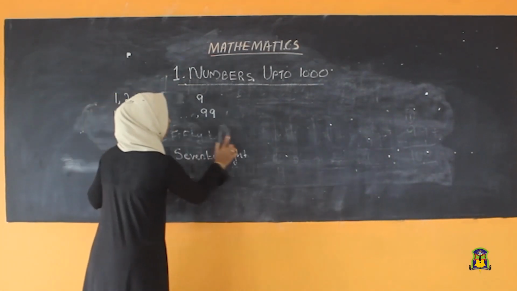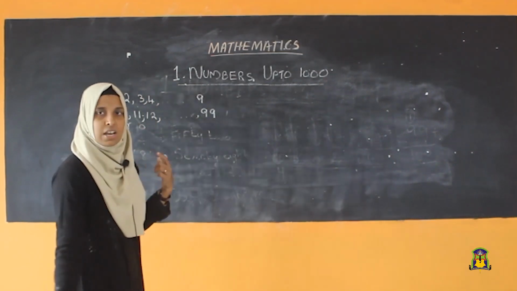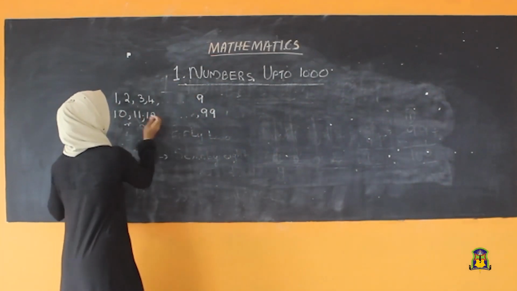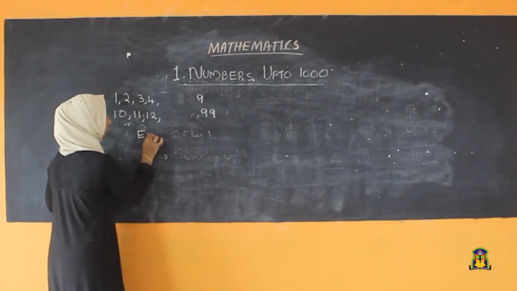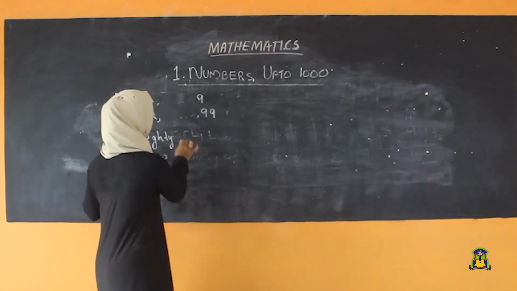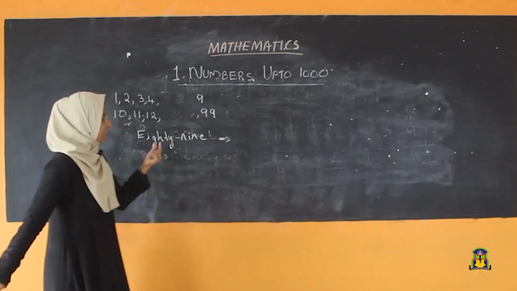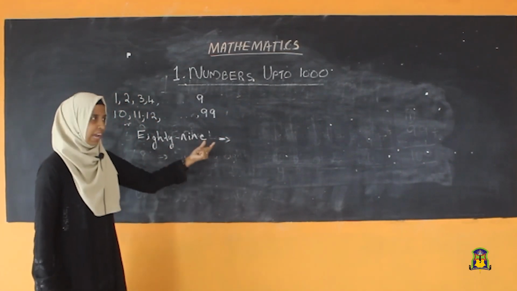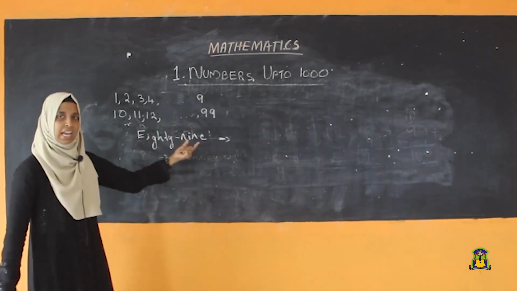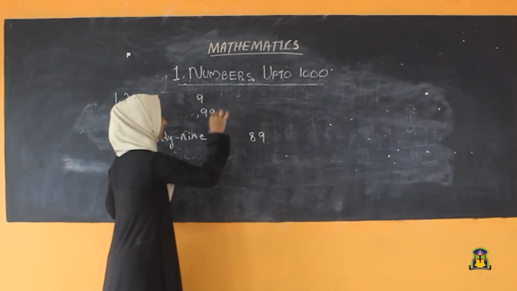Okay. Next, children, if number names are given, how to write the number? Let's do one. What is this? 89. That is 8 in the tens place and 9 in the ones place. 9 in the ones place and 8 in the tens place.